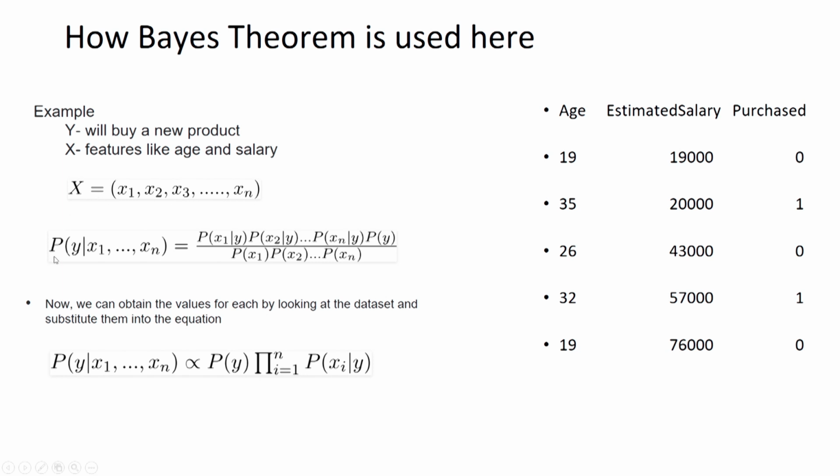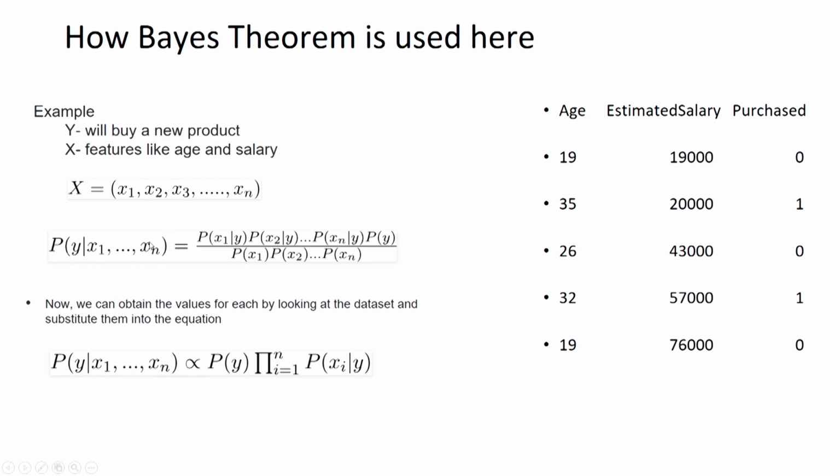Now, how will the classification be done here? We will calculate probability of y given x1, x2 up to xn. So, all the features of the person are given, and then we ask what is the probability that y is 0 given that person, and then we will calculate what is the probability that y is 1 given that person.